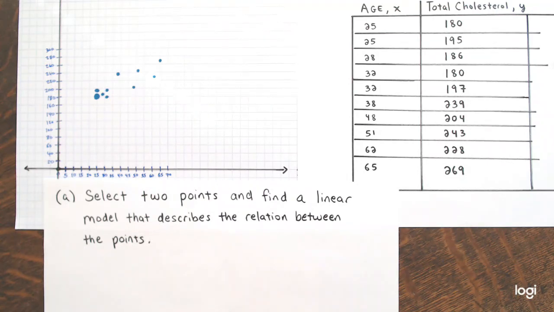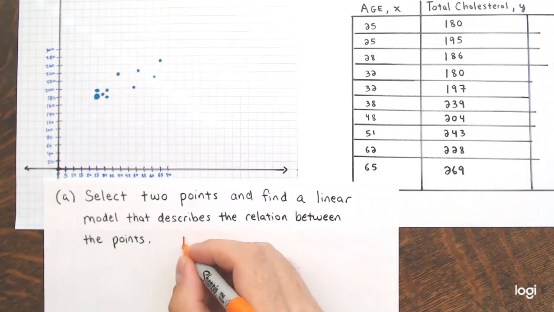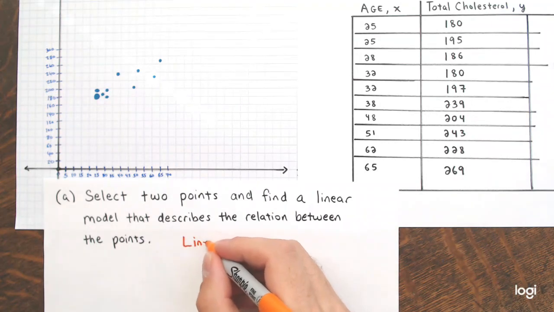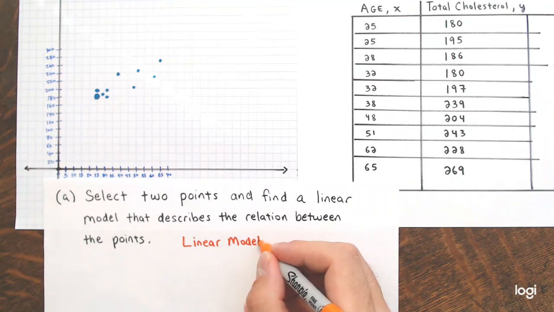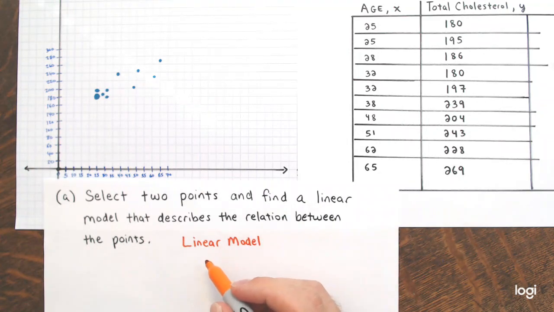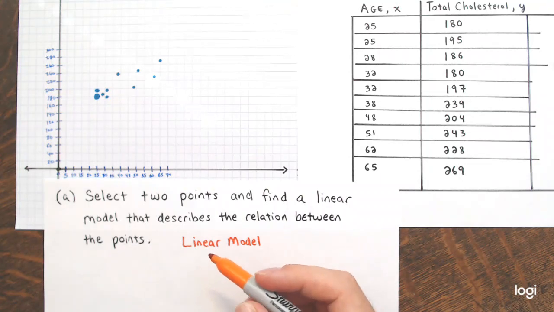So a linear model or a linear function. Typically I'll put it in what's called slope-intercept form.